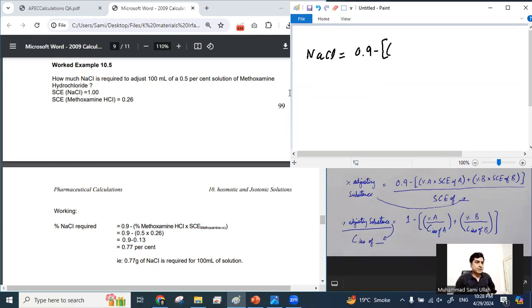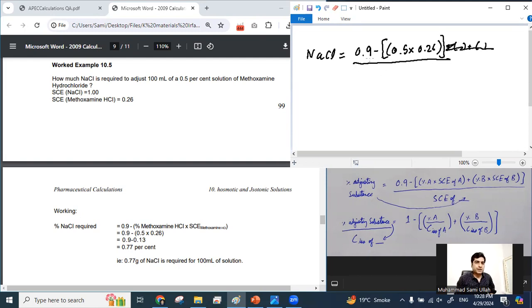So what is its percentage? 0.5%, already given in percentage. 0.5 multiplied by the SCE value of methoxamine, 0.26. There is no other ingredient, otherwise we would have added plus and another bracket and so on, but we won't do it for now.